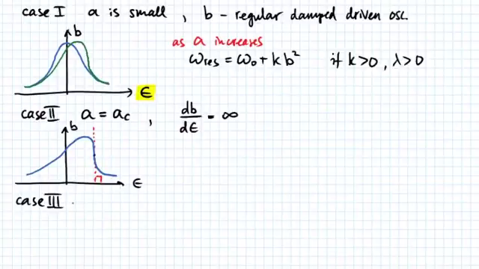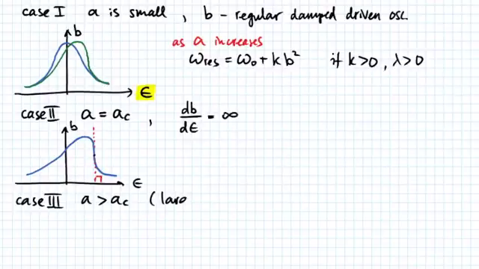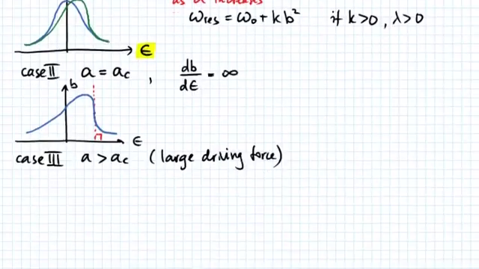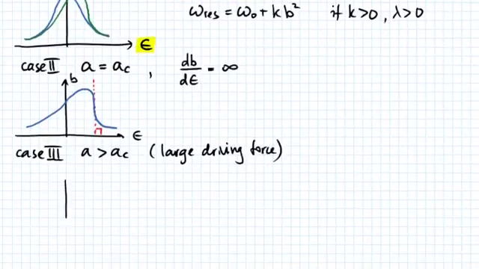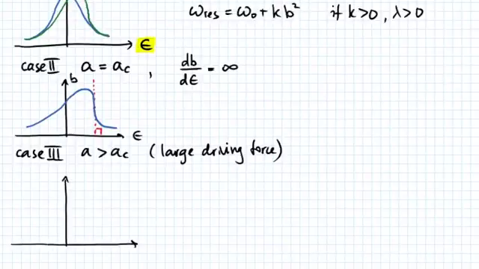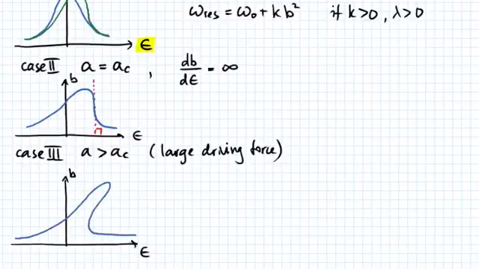So case 3 will be the case of large driving force, when A will be greater than the critical value of A. In this case, we expect to see the resonant curve that looks something like this.